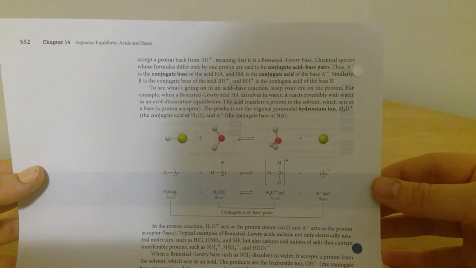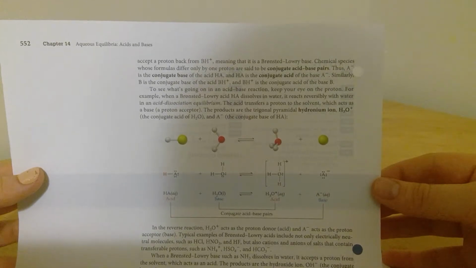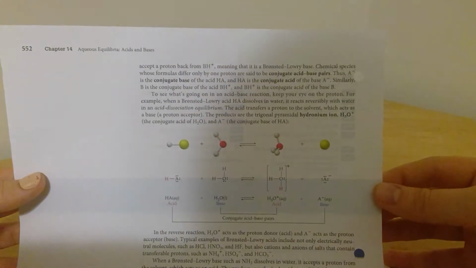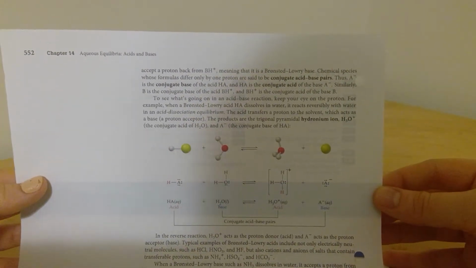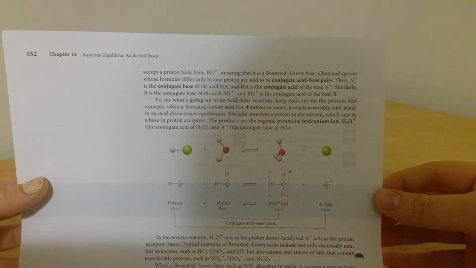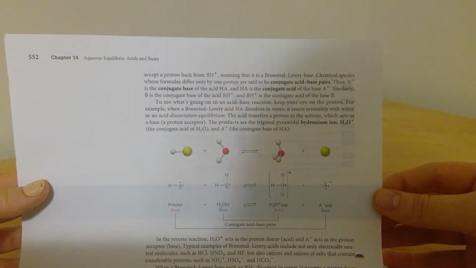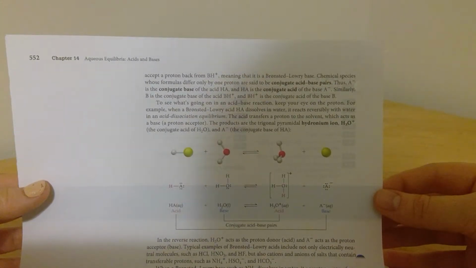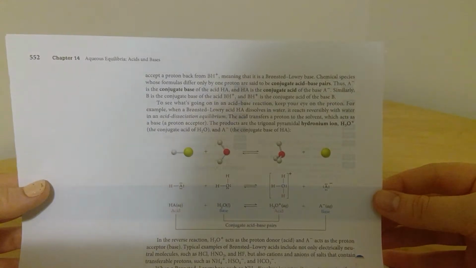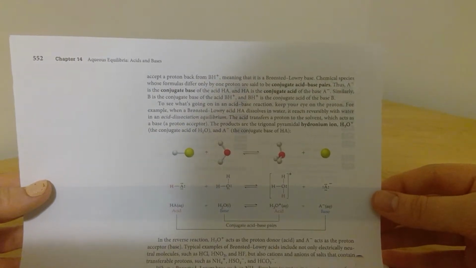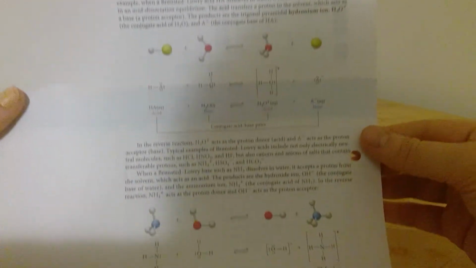For example, when Brønsted-Lowry acid HA dissolves in water, it reacts reversibly with water in an acid dissociation equilibrium. The acid transfers a proton to the solvent, which acts as a base, a proton acceptor. The products are the trigonal pyramidal hydronium ion, H3O+, the conjugate acid of H2O, and A-, the conjugate base of HA.